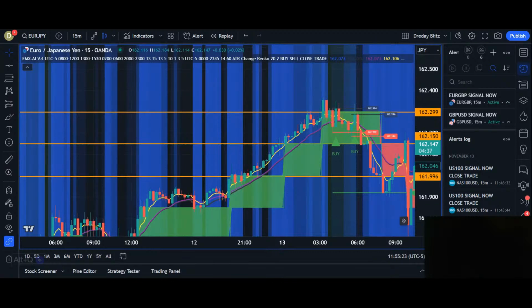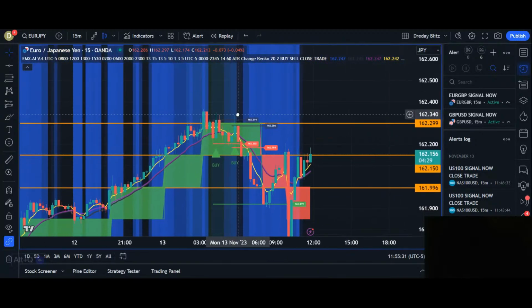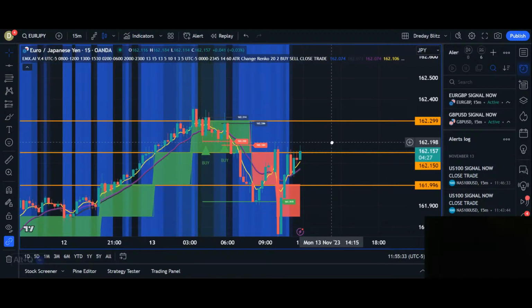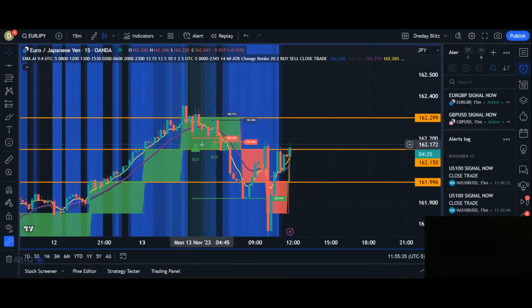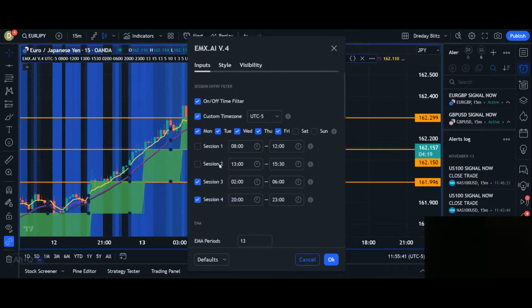You only have one buy signal. It depends exactly on the filter that you put in for your time. When I said the filter, it's this section here.